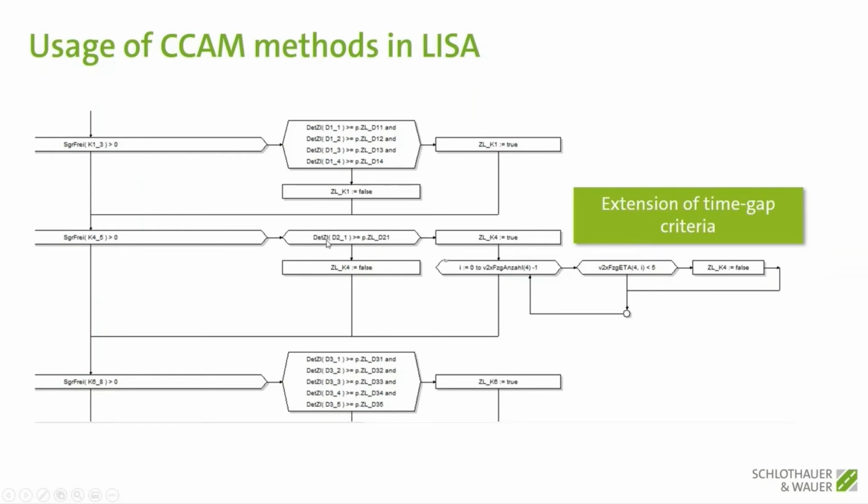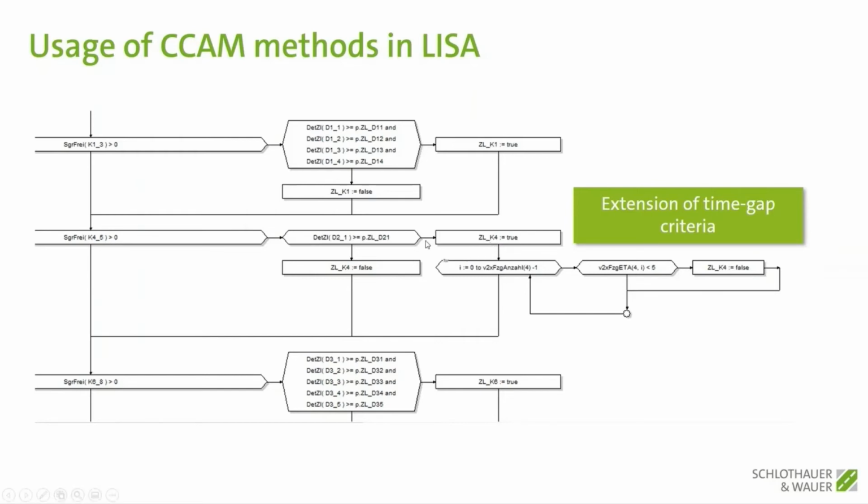It means if the time gap of that detector is currently greater or equal to a constant, which is maybe 3 seconds, we decide, okay, the variable time gap ZL for K4 is true. Means that we will stop the green in the next couple of seconds.